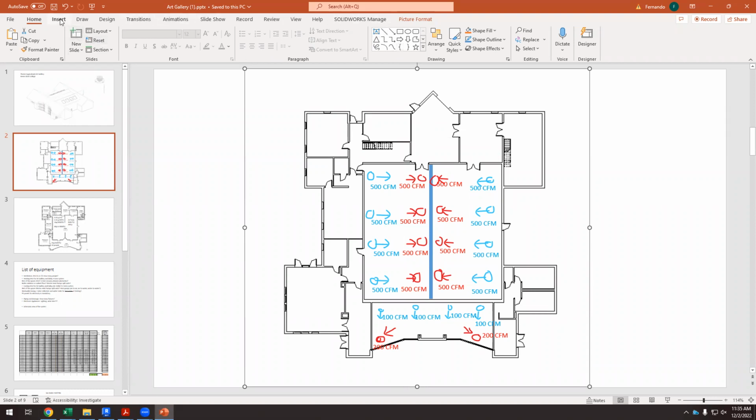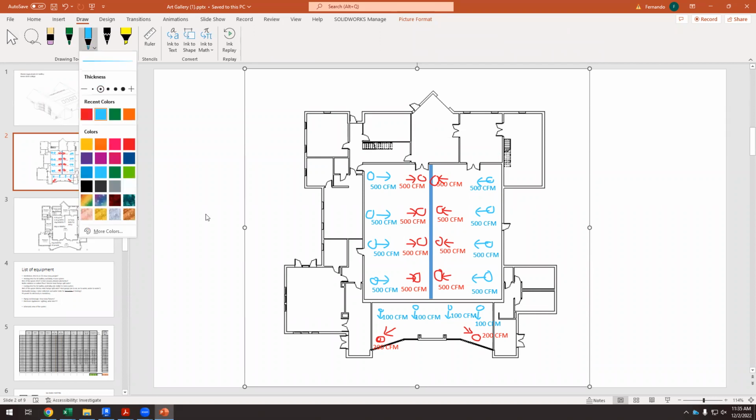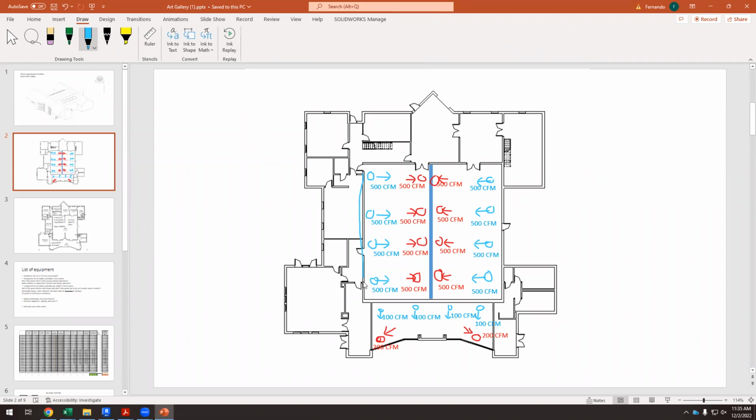So I'm going to draw first the supply branch. It can be like this. This is one of the branches. This is another one.